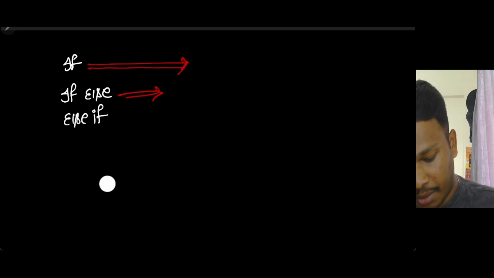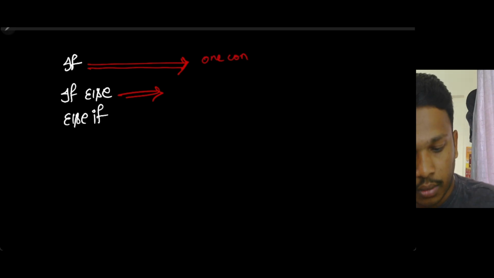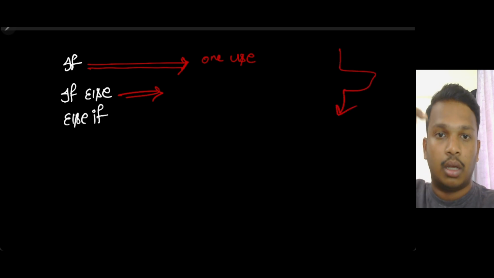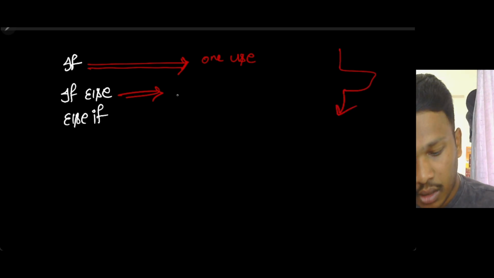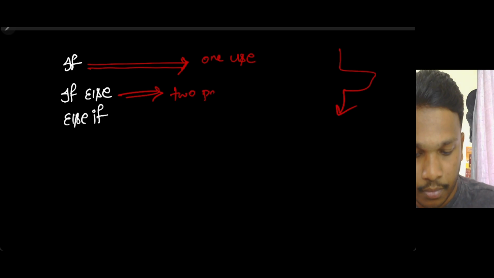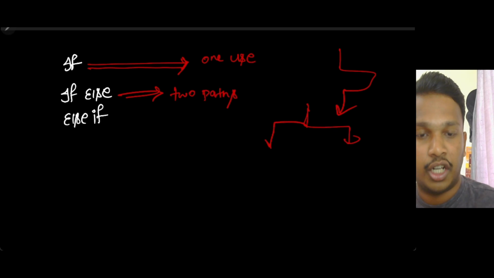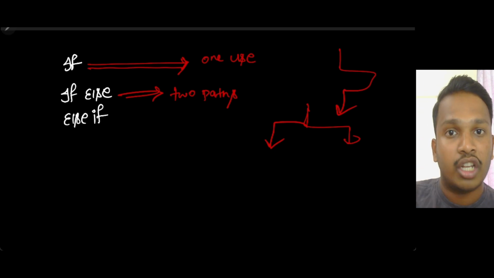You should be able to understand when to use if. Only one condition, okay. Or else one way, one use, one path, like this. When to use if else? When two paths are possible, okay.